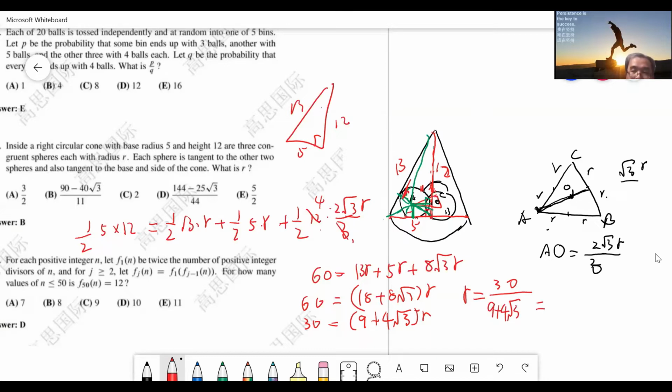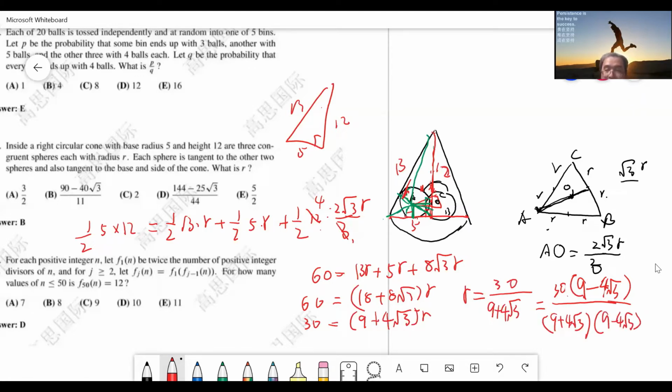Then we just rationalize the denominator. We have 30 over 9 plus 4 square root 3, and we multiply both top and bottom by the radical conjugate, 9 minus 4 square root 3.